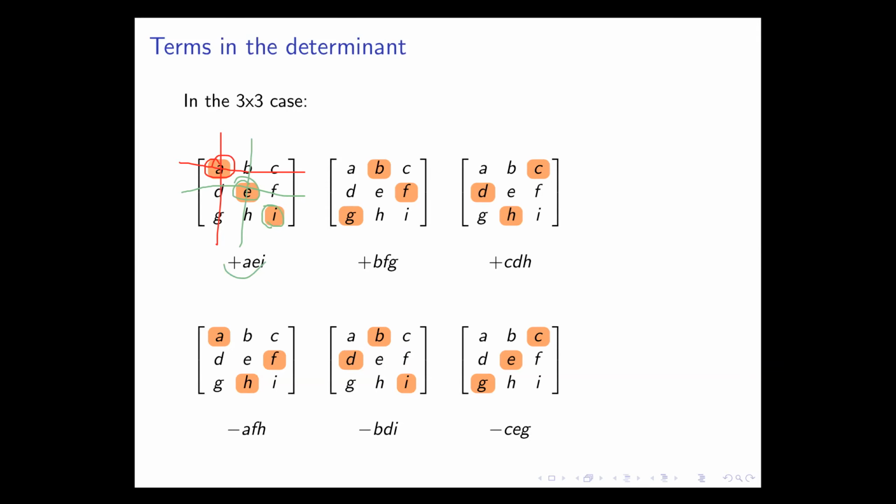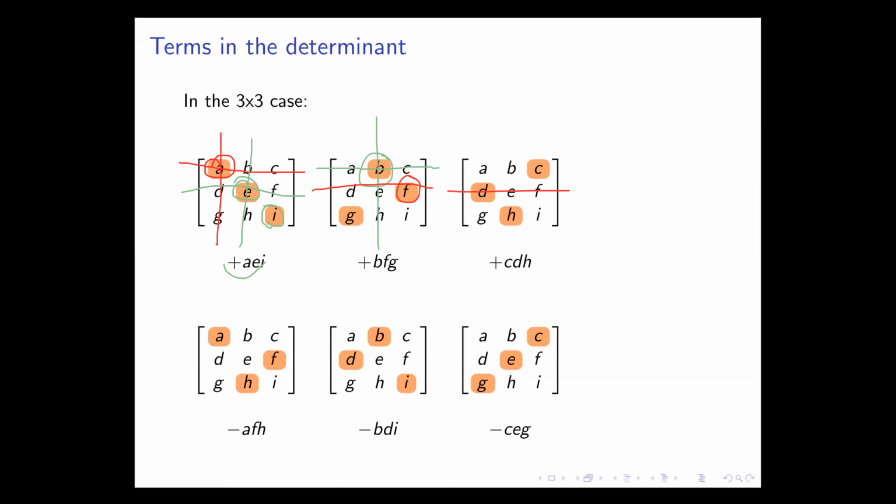And then the rest of the terms represent different choices. If you take the first row and take B, the second element, then we have two choices to make: either in the second row we take the third element, or we take the first element.